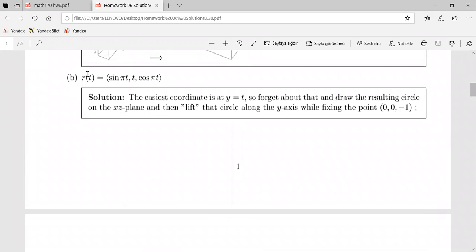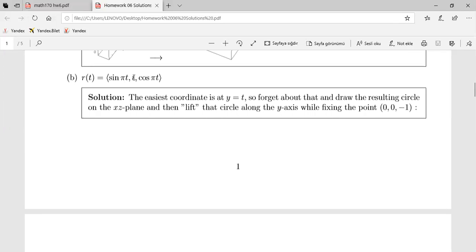So we're given this vector function. We see that the first component x is given by sin(πt), the second one y equals t, and the third one z equals cos(πt).